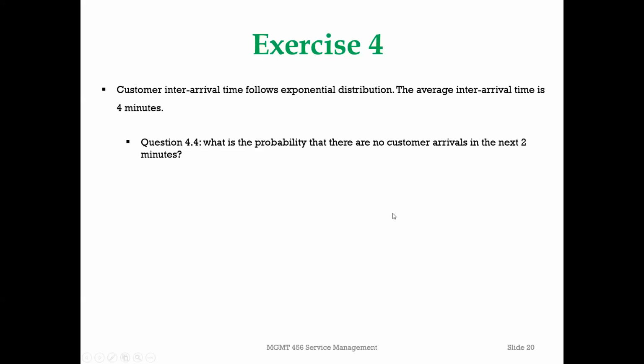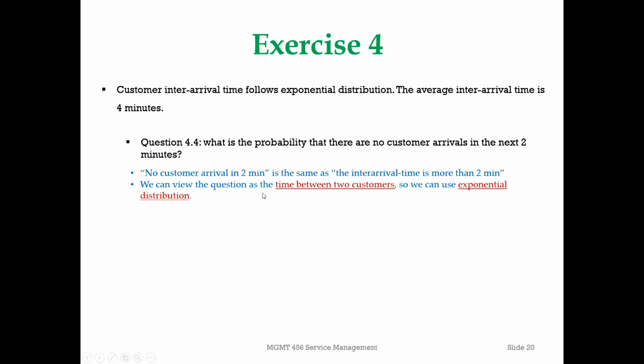So no customer arrives in 2 minutes. That means the inter-arrival time is more than 2 minutes. So we can view the question as the time between two customers and apply the exponential distribution. In this question, lambda is 0.25 per minute, and t is 2 minutes.